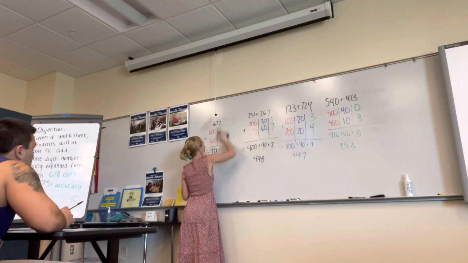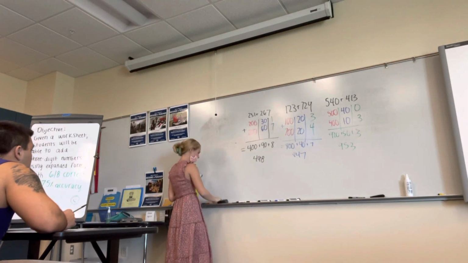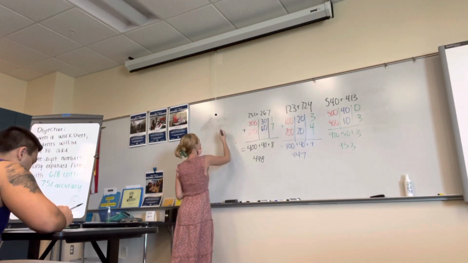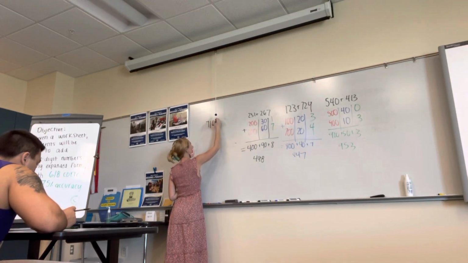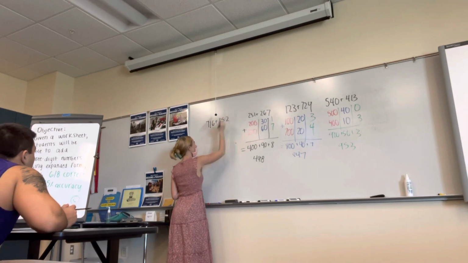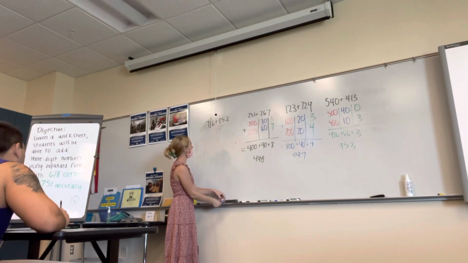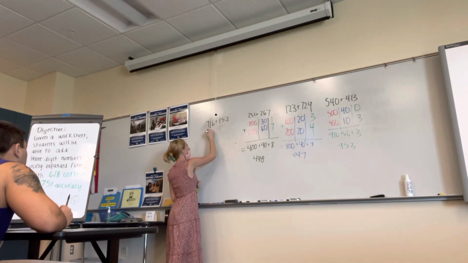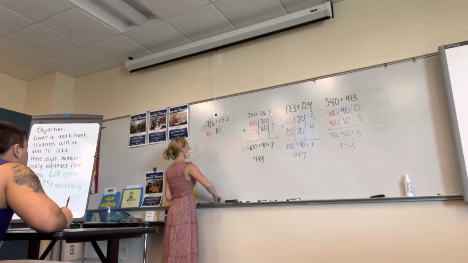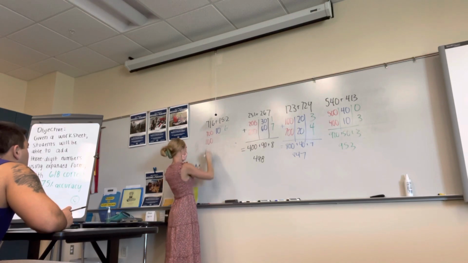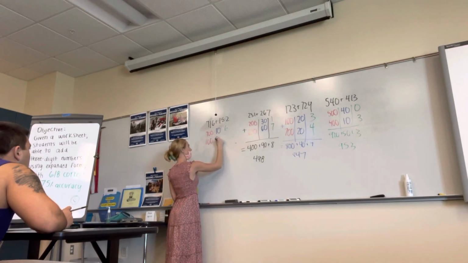Working our way back. What is our next problem? 716 plus 152. Break it down by their place values, put them in expanded form. 700, 10, 6. 152, we're going to break down into 100, 50, and 2.